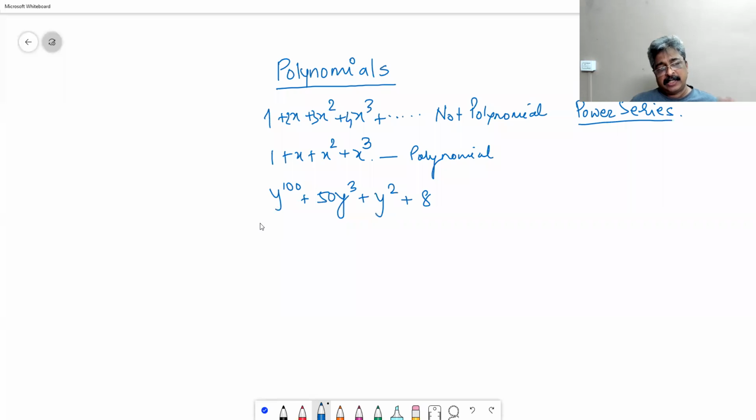It stops means after a particular degree, after a particular index of the variable, all the coefficients after that are 0. What I mean to say is 0 y raised to 102 plus 0 y raised to 101 plus 0 y raised to 100 plus 50, all in between are 0, plus 50y cube plus y. Again, the power 1 coefficient is 0, etc.